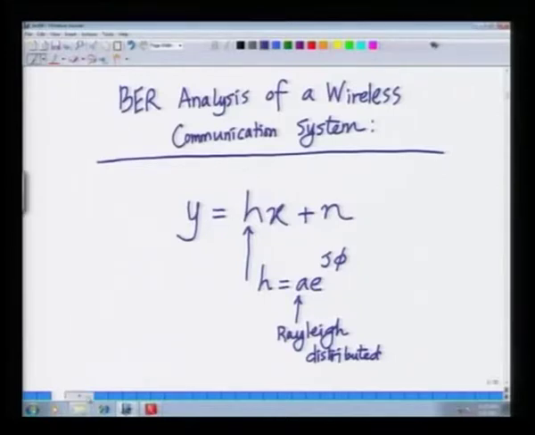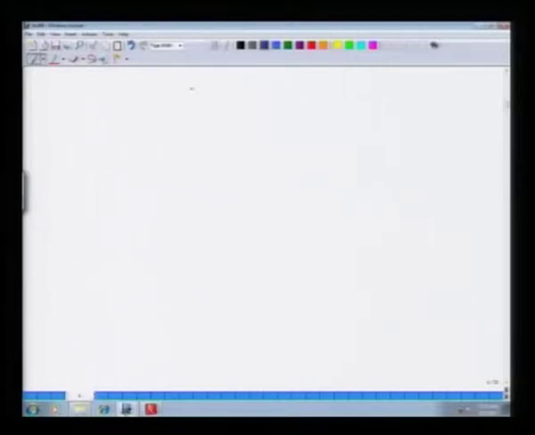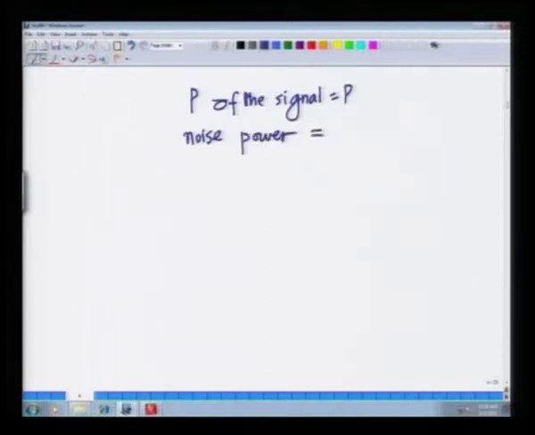All right. So, in a wireless system, let us say the power of the signal is P, similar as earlier. Remember, we want to compare the performance of wired and wireless communications for the same transmit power. And the noise power equals sigma n square.